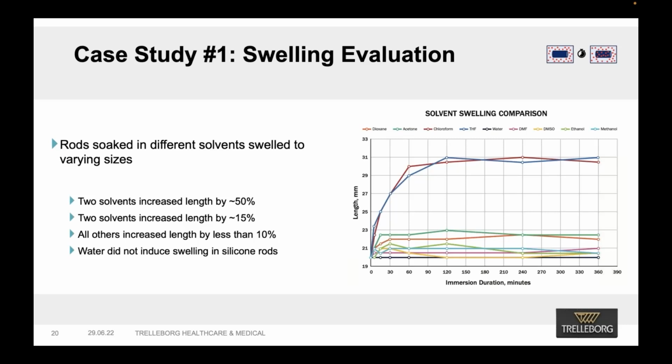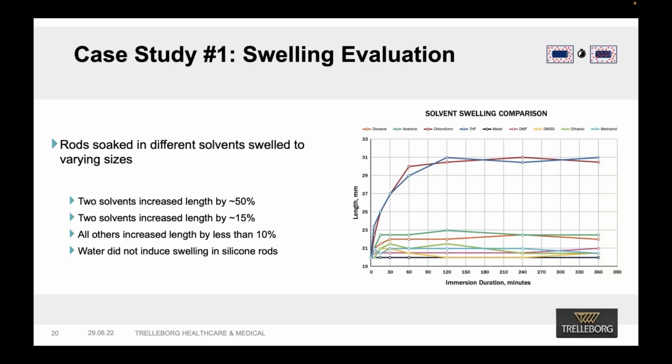Here's a quick overview of what we saw in some of that testing. It was interesting that we had two solvents that actually increased the length of these silicone samples by about 50%. So two really stood out as an ability to increase the size and swell the material.